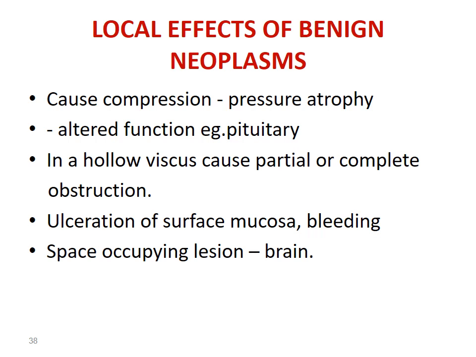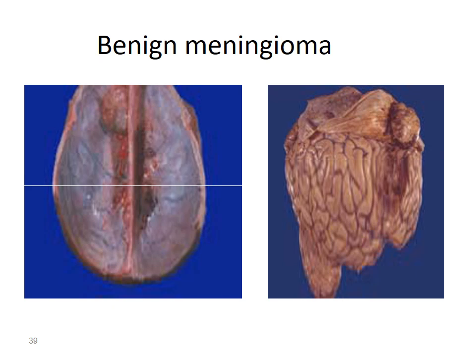Also, a benign tumor can present with ulceration of the mucosa, and this ulceration will lead to bleeding, or it can form a space occupying lesion in the brain. This is a picture of a benign meningioma. It is a benign tumor forming a space occupying lesion. The patient usually has neurological manifestations because, as I said, the skull is a limited space, so an increase in size will cause a pressure effect on the other brain substance and come with neurological manifestations.